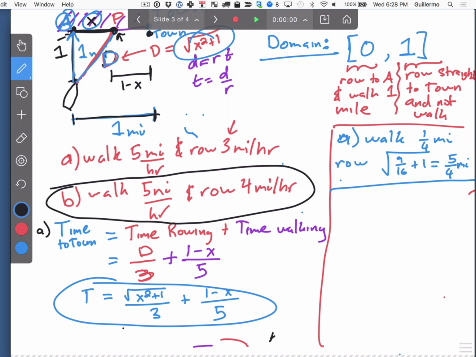Because you can row faster than you can walk, so it's probably going to be better to row closer to town. But do you know if it's faster to row straight into town versus a little bit before or a little bit after? You're not sure, right? You need to figure it out.